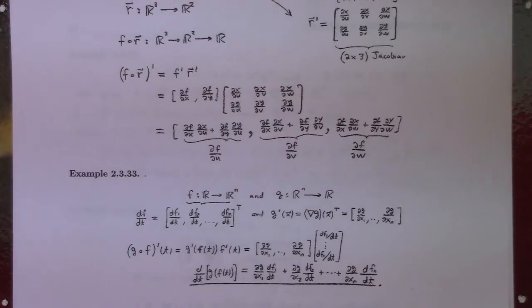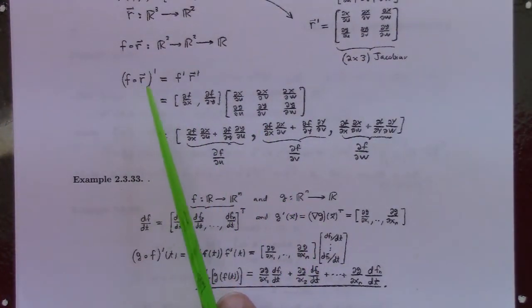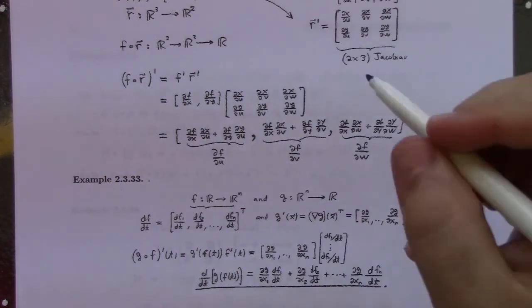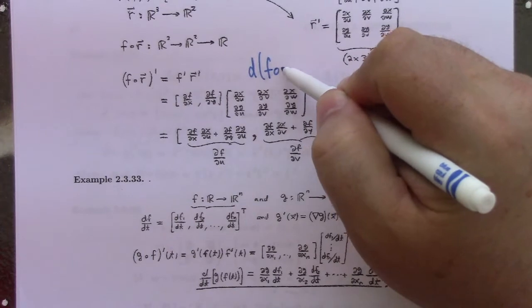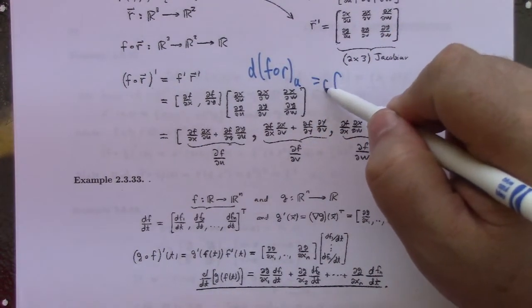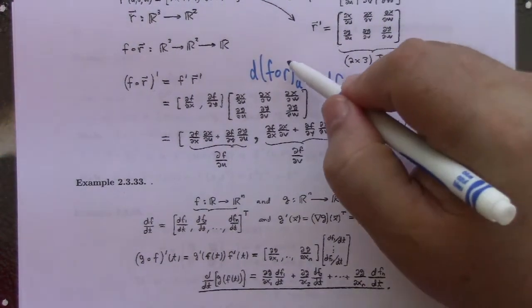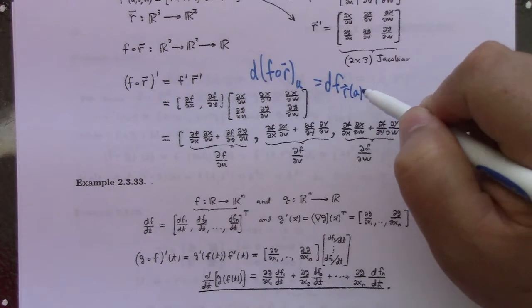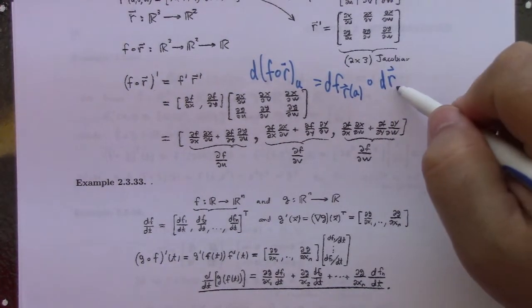And so when we look at the Jacobian of the composite, the chain rule I proved says that the differential of f composed with r at a is the differential of f at r of a composed with the differential of r at a.